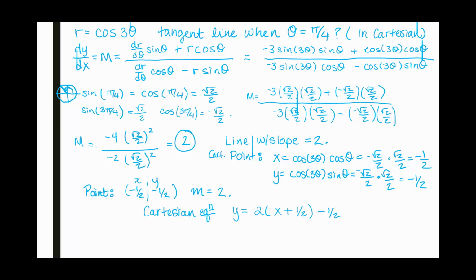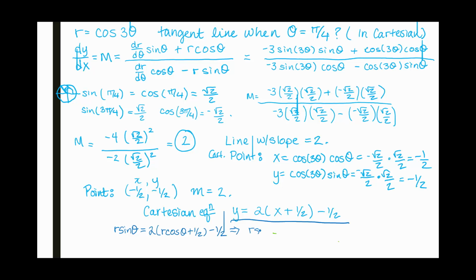And so then if I want to convert that so that I can get a polar equation, we have this Cartesian equation. Let's go ahead and convert it to polar. I'm going to replace y with r sine of theta, and I'm going to replace x with r cosine theta. Then I'm going to go ahead and distribute.